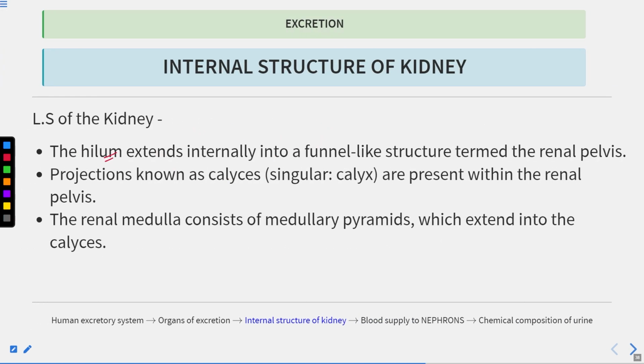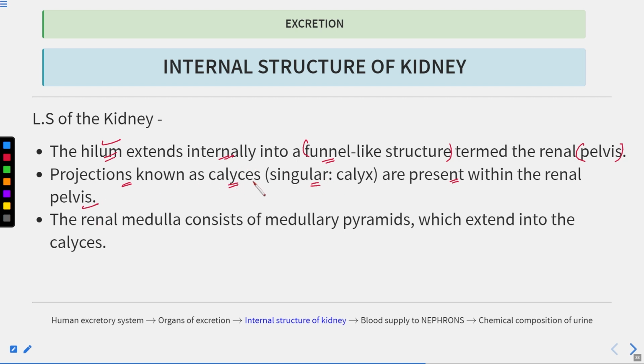Now the hilum extends internally into a funnel-like structure known as the pelvis. So what is the pelvis? The pelvis is the extension of the hilum and it is a funnel-like structure. I'll show you all these parts in the upcoming slides. Now, the projections known as calyces, singular calyx, are present within the renal pelvis. So the renal pelvis consists of the calyces.